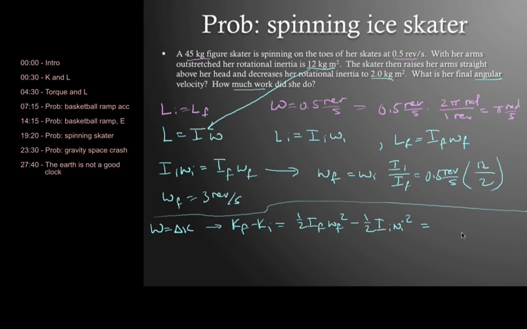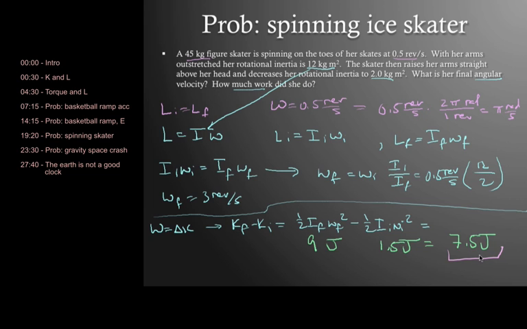When we plug this in, we're going to get 1.5 joules for initial, and we're going to get 9 joules for the final case. So this leaves us with 7.5 joules. So somehow, when she was spinning like this, she gained 7.5 joules of kinetic energy.